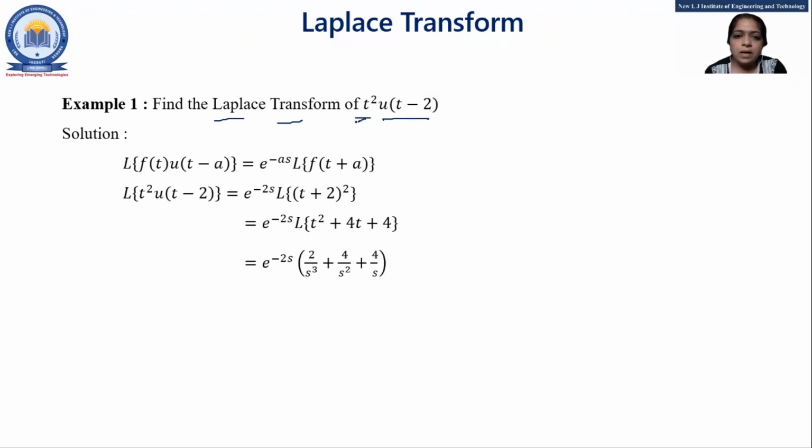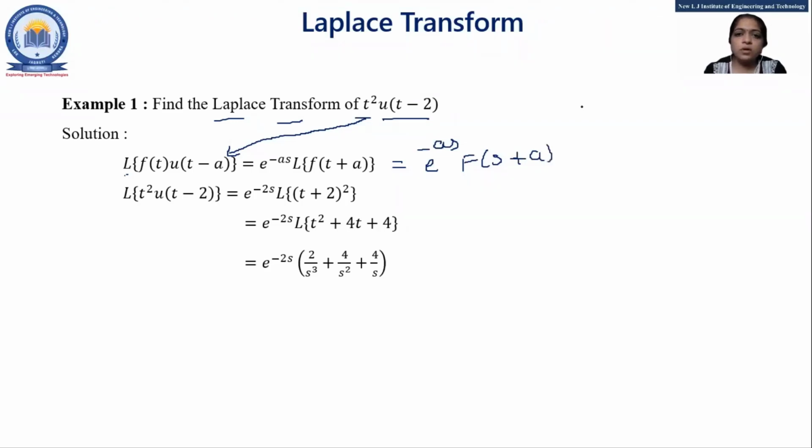So we'll compare this function with Laplace of function of t into u of (t minus a). When we apply Laplace on this kind of function, our answer is e raised to minus as and Laplace of f of (t plus a), or also we may write e raised to minus as f of (s plus a). Both are the same.